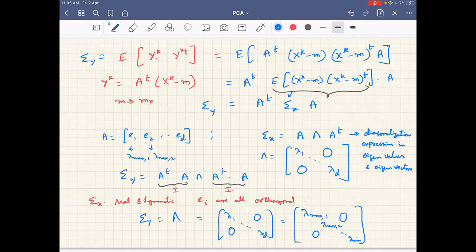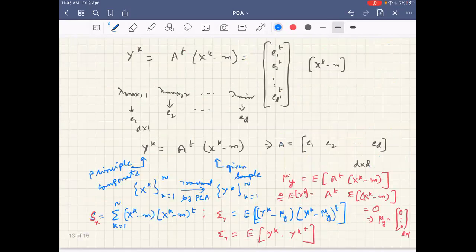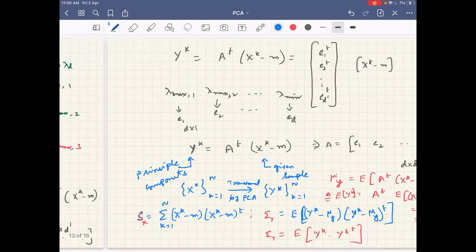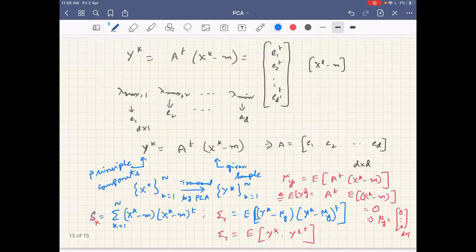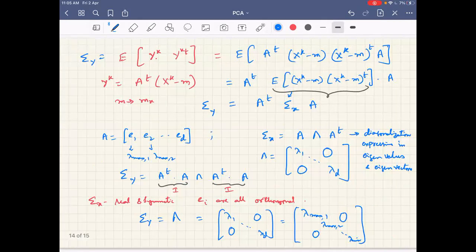So what are we doing through principal component analysis? We are essentially making a matrix transformation. We are transforming the original samples xk to principal components yk. The advantage of doing this is that the covariance matrix of these yk samples is diagonal, in the sense that each of the features of yk is not correlated.